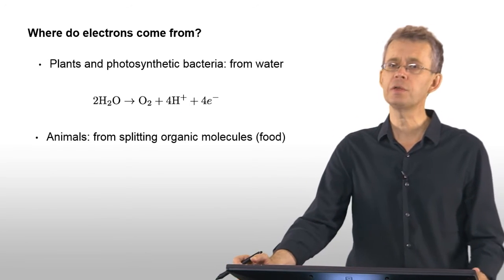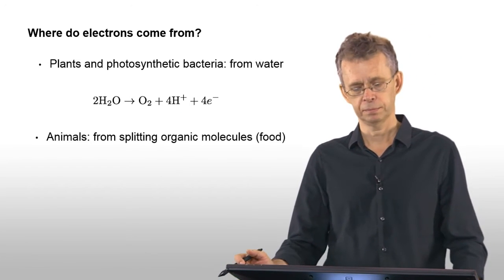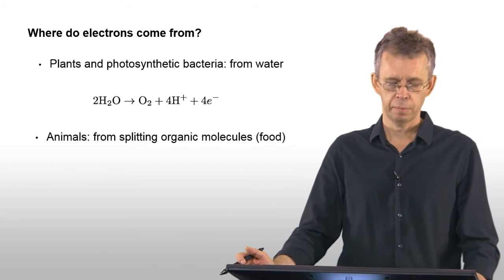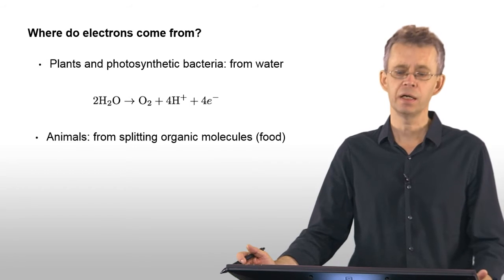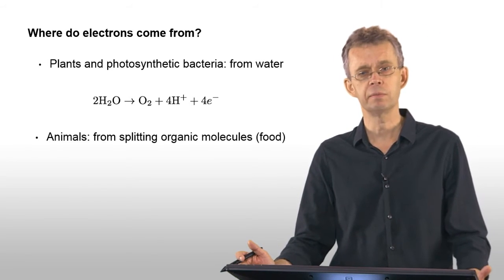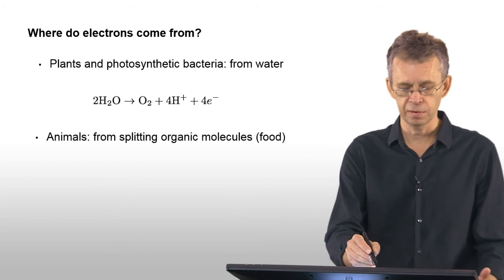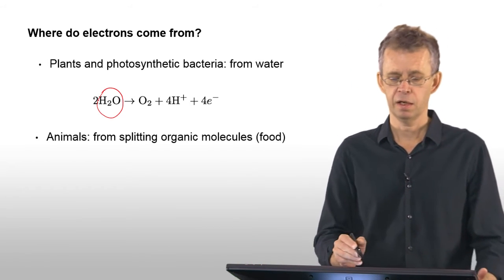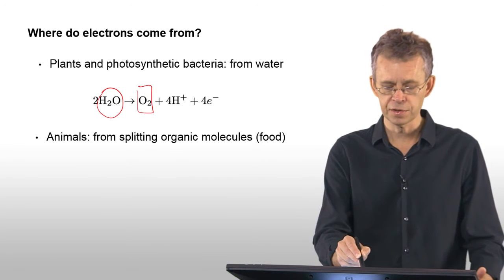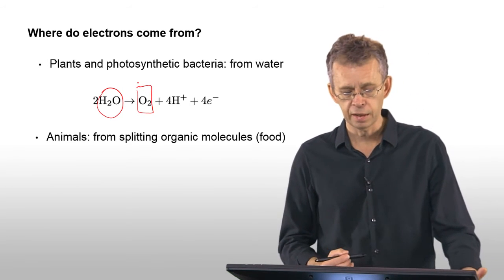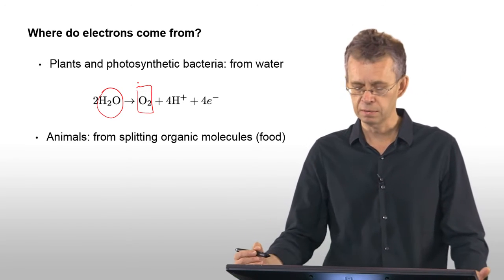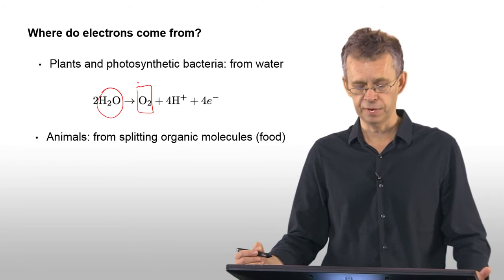So now the question is where those electrons actually come from. And there are two ways to supply electrons. Plants and photosynthetic bacteria found ways to find electrons from the most abundant substance on this planet, and that is water. If you take electrons from water, you produce oxygen, and that's why plants and bacteria actually created our oxygen atmosphere.